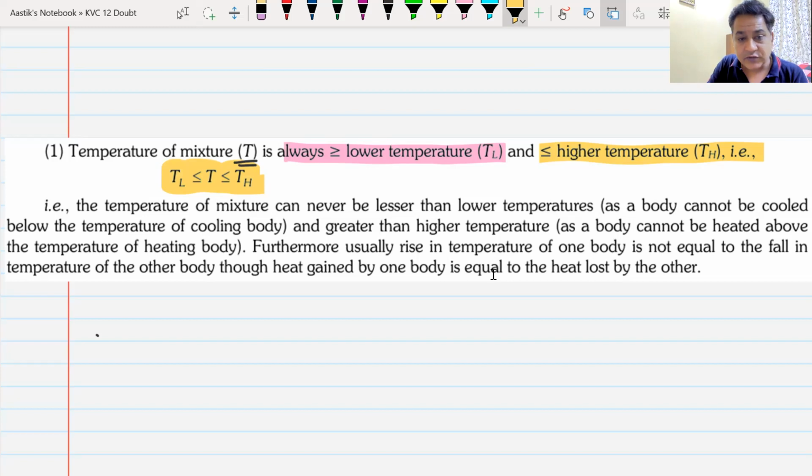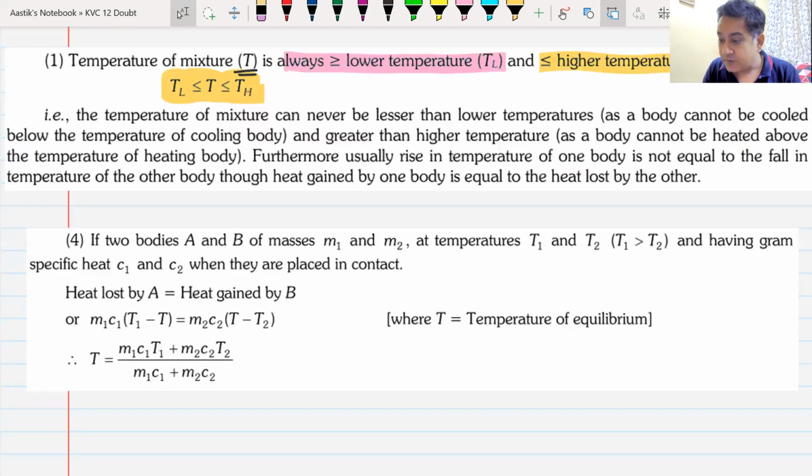Okay. Then you can also note down again. Remember JEE Main or NEET, it's just a test of your speed. So more often or not, you might encounter a case where you will have two bodies mixed with each other.